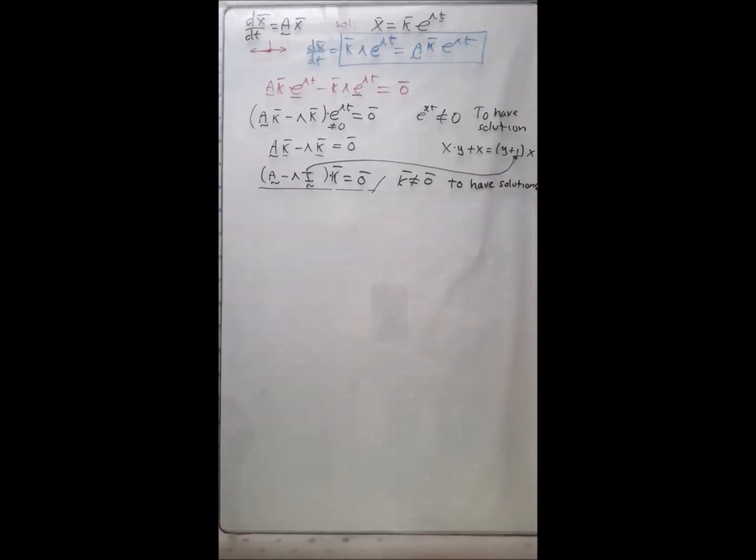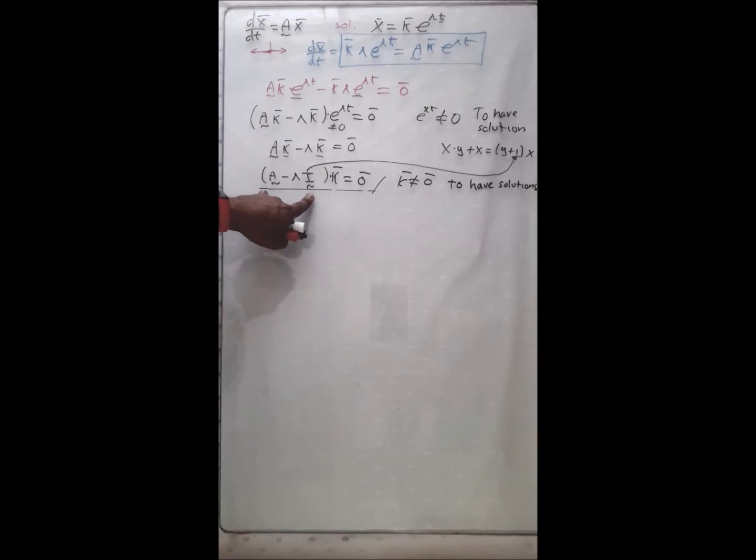Okay, so the only thing that can be 0 is on the left, alright? But we have a matrix now.